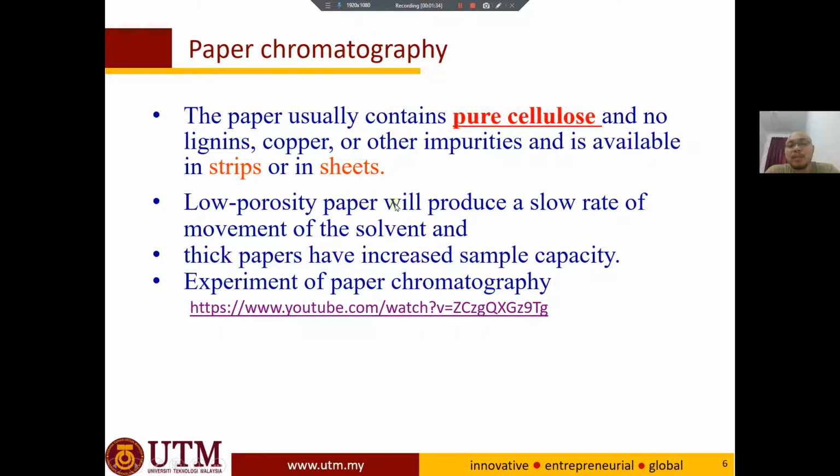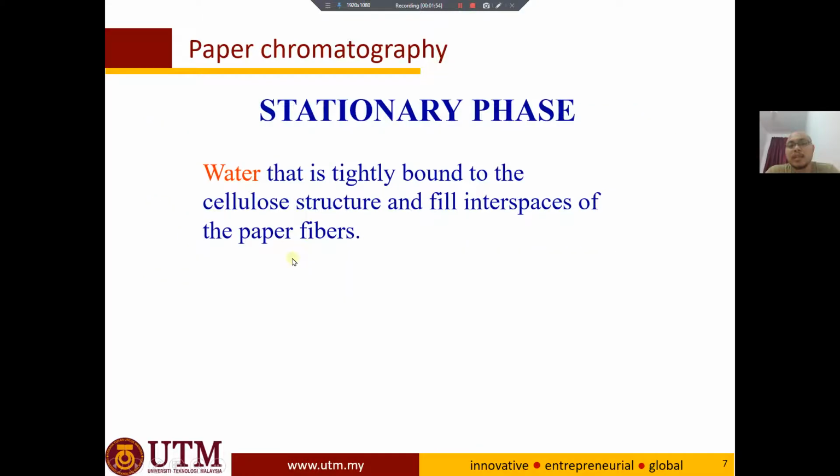Low porosity paper will produce a slow rate of movement of the solvent, and thick papers have increased sample capacity.